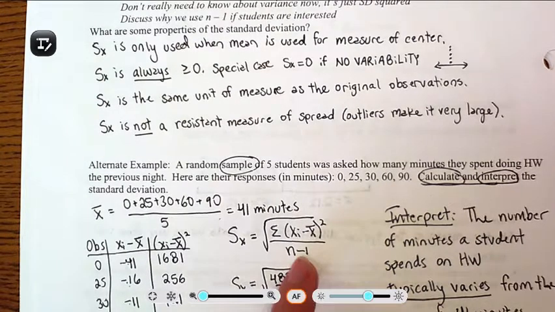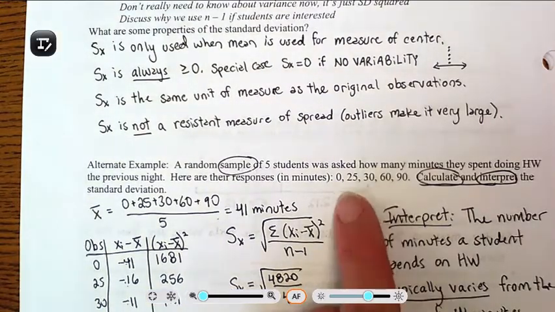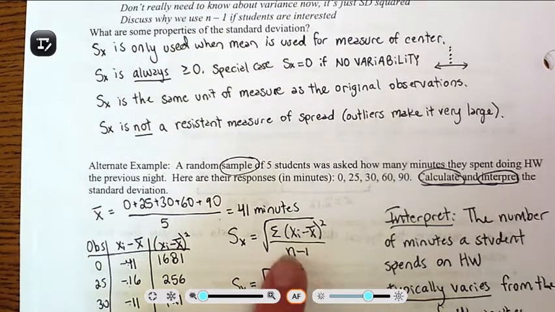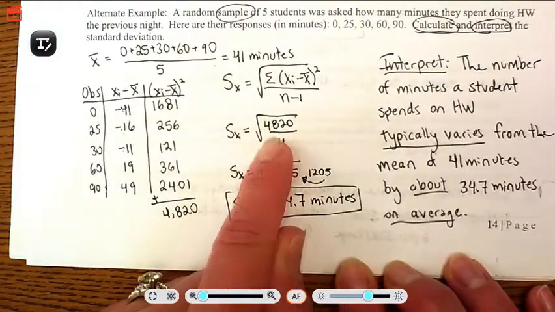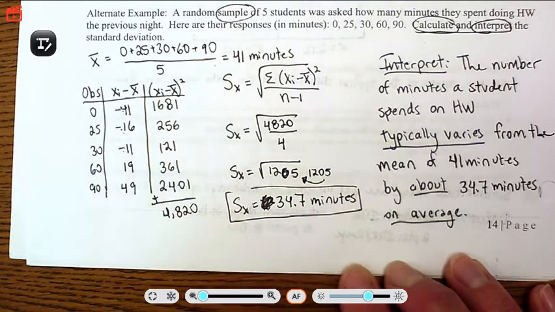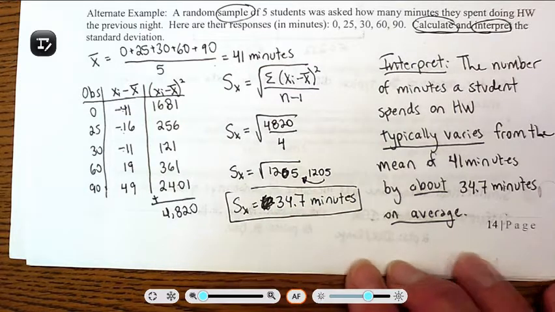Okay, divide by n-1. There are 5 students that I took and asked their homework time in minutes, and so I take n minus 1, 5 minus 1 is 4. And then I divide that, and I get 1205. Sorry, sloppy, 1205. And then square root that, 34.7.